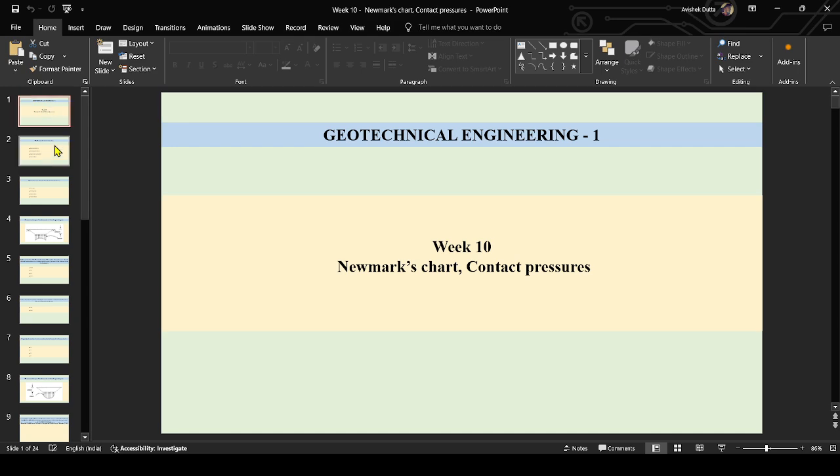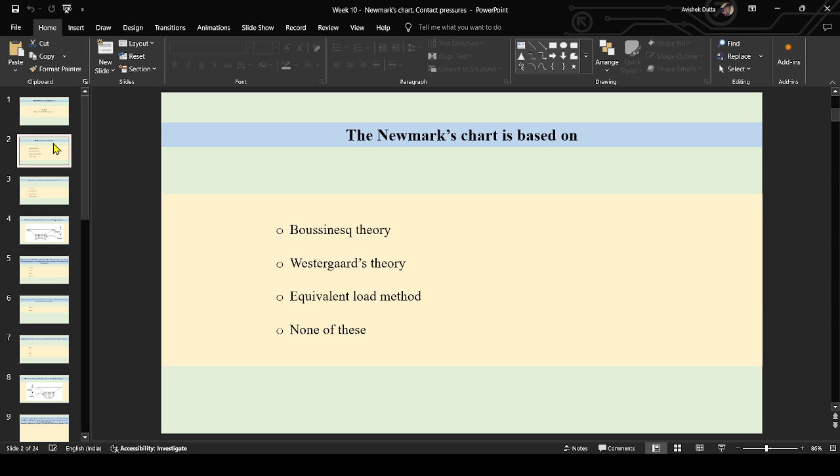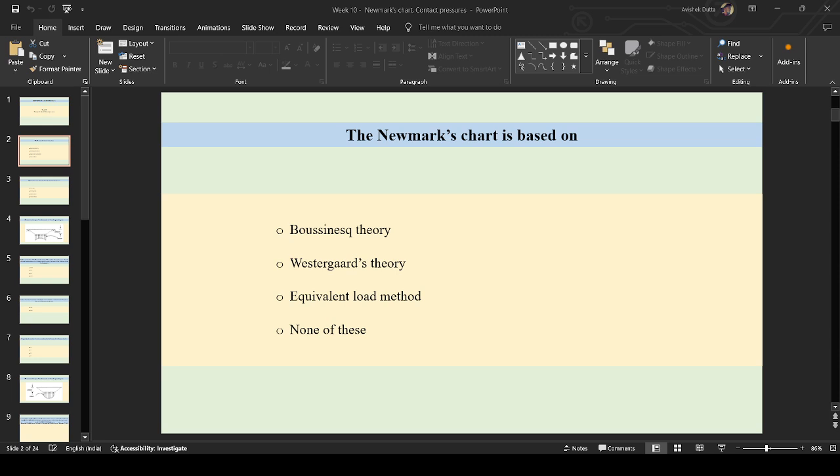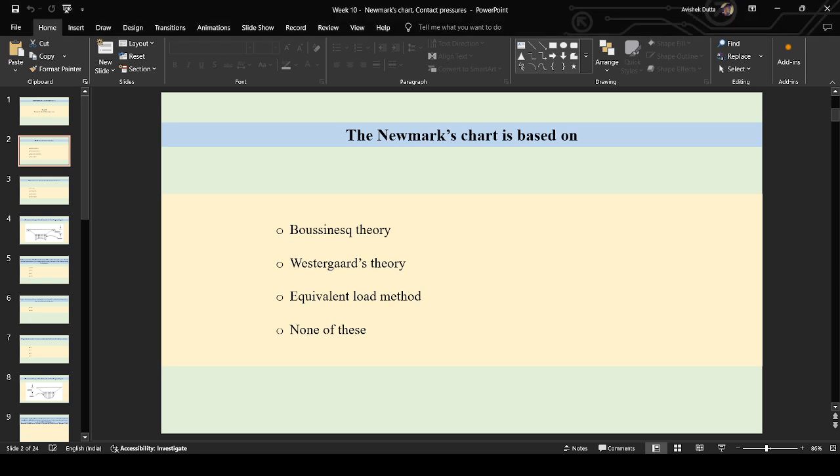The first question: Newmark's chart is based on. First option, Boussinesq's theory. Second option, Westergaard's theory. Third option, equivalent load method. Last option, none of these.